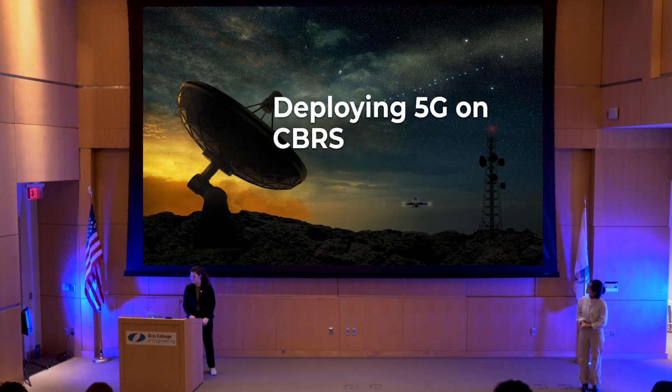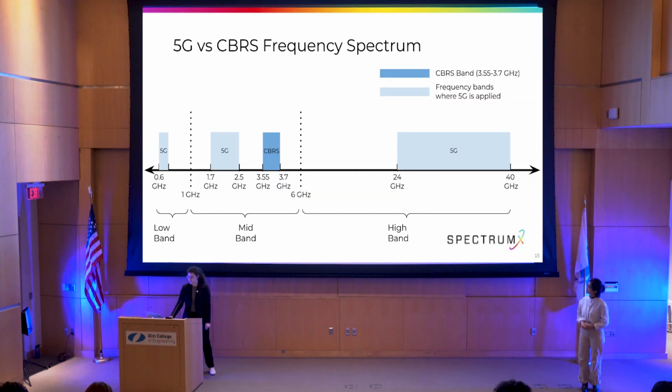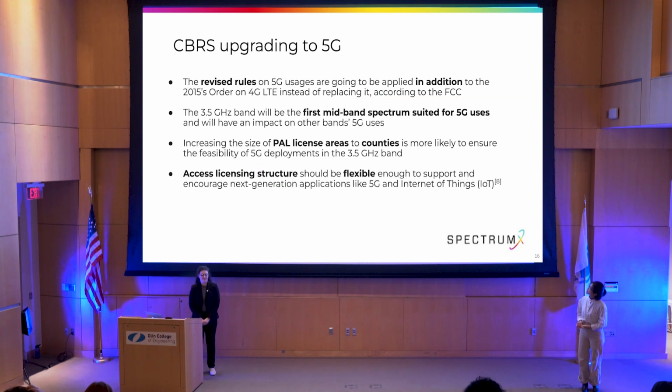Next slide, please. Now we're talking about how 5G technology would eventually affect CBRS. This is a spectrum of 5G and CBRS. I know currently 5G is not applied to CBRS, because the CBRS system is mostly developed in 4G LTE, so we're not going to fully replace that with 5G technology.